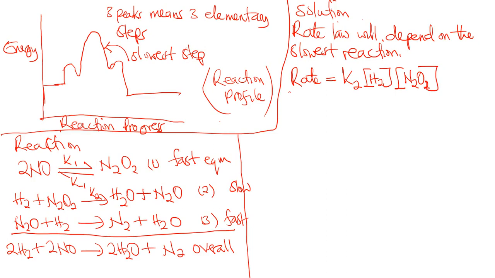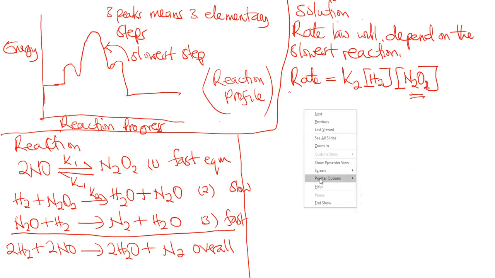The problem we have with this rate law is the presence of N2O2. N2O2 is not an elementary species, it is an intermediate.